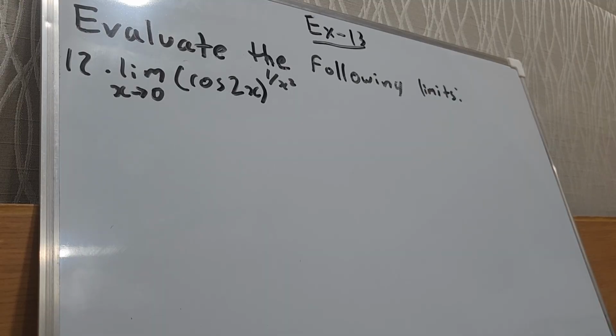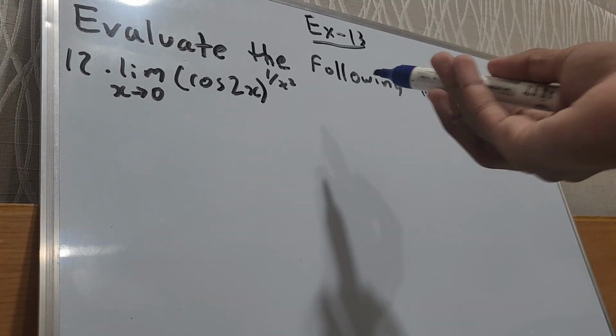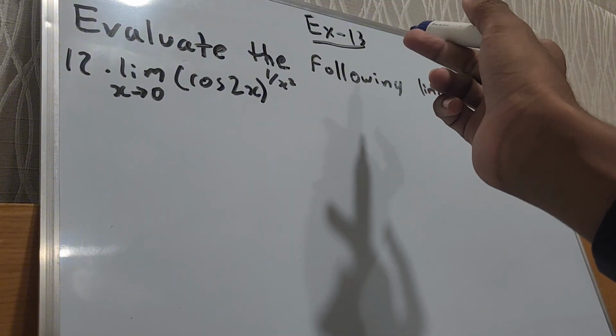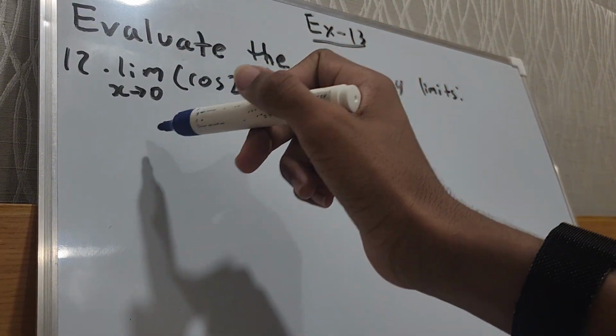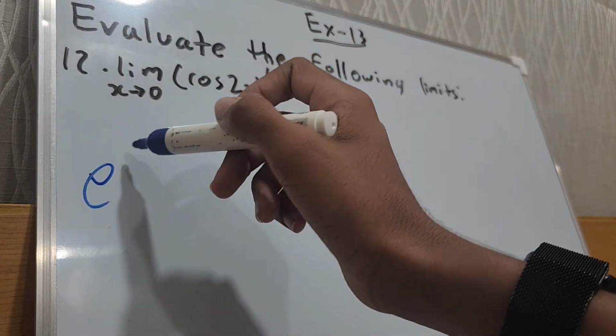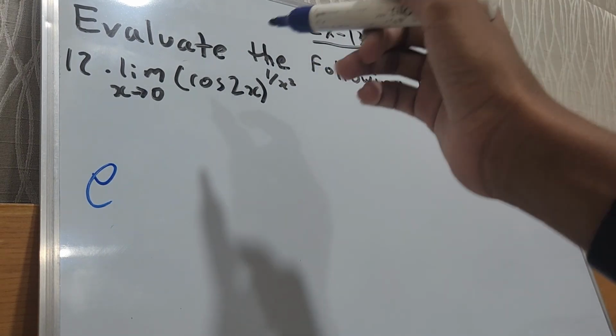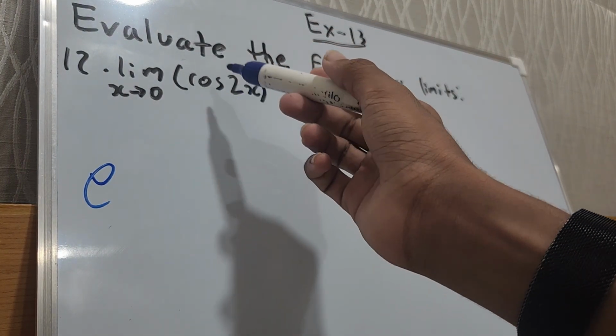Now we're on the last question, the 12th. Limit x tends to 0, (cos 2x) to the power of 1 by x square. Okay, let's use this formula I told before. So we'll get e power cos 2x.